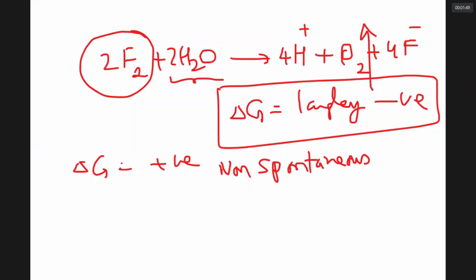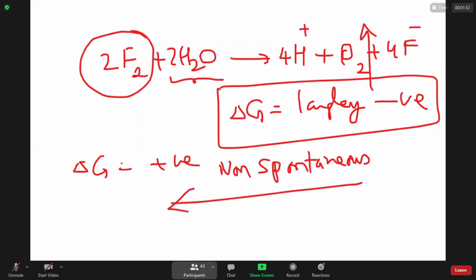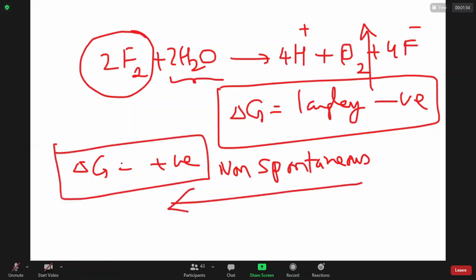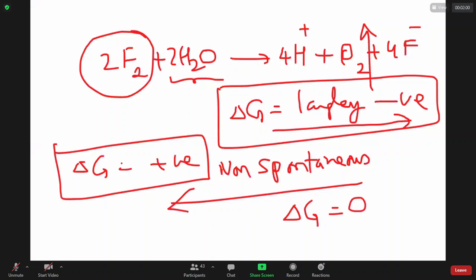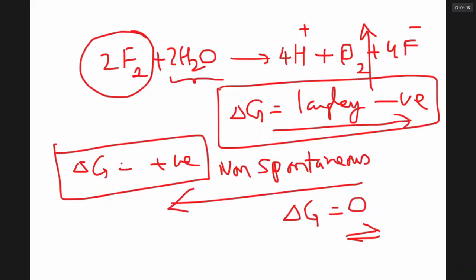The reaction may happen in the reverse direction if delta G is positive. Delta G is negative means the reaction will happen in the forward direction. If delta G value is 0, then the process is in equilibrium. So delta G is a thermodynamic function that says whether a reaction can happen in the forward direction, in the backward direction, or the reaction is at equilibrium.